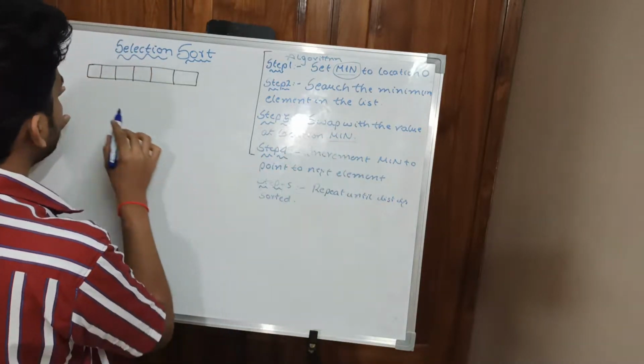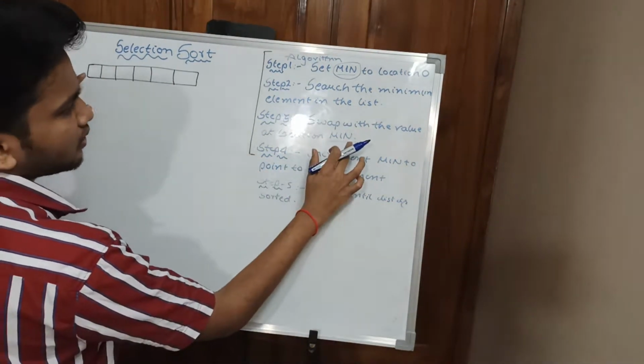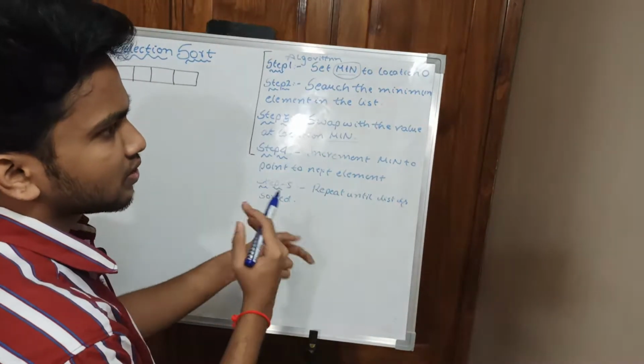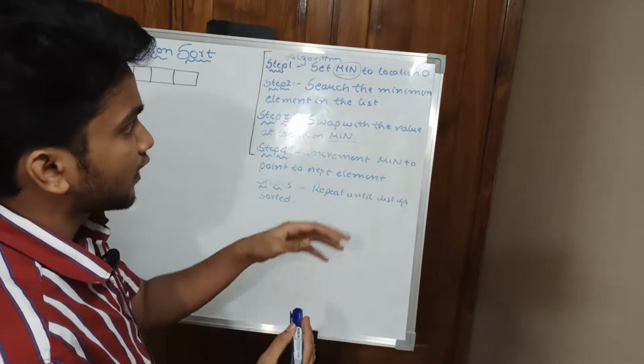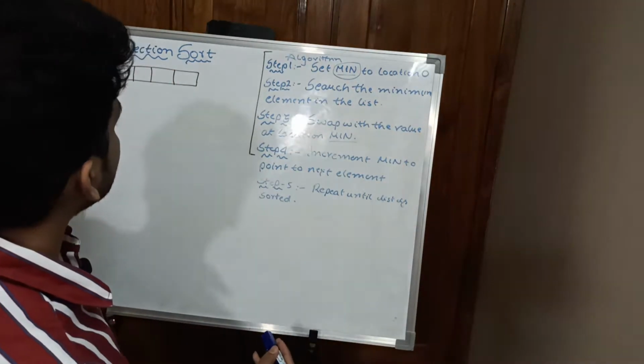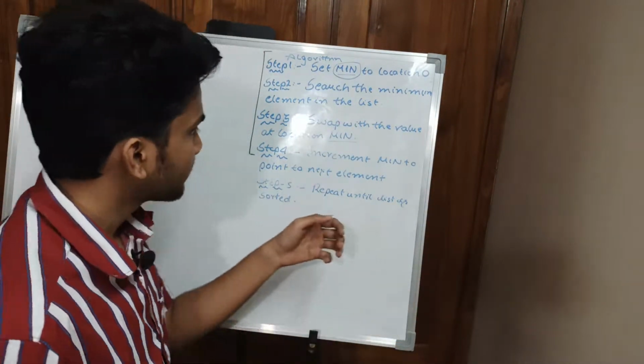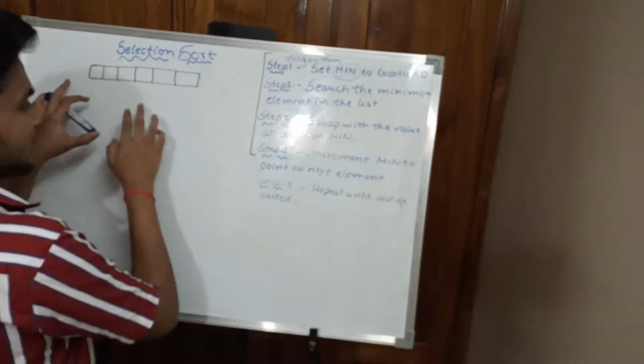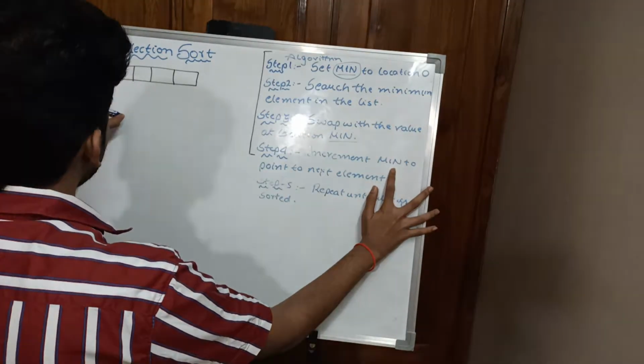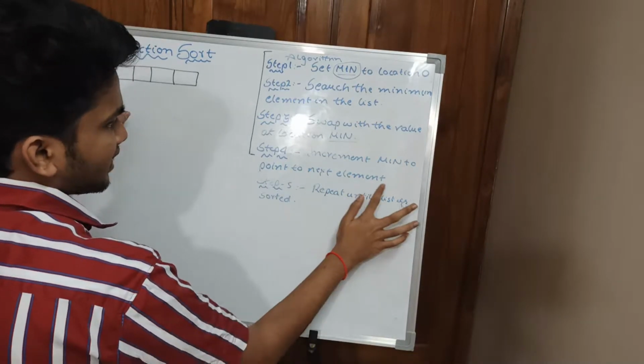So we mark it as the minimum and we swap the values if we find any element which is lesser than the element present at the first place, that is, at the min place. And increment min to point to the next element.